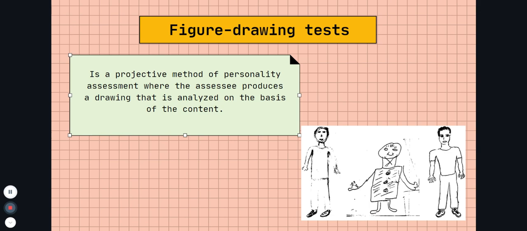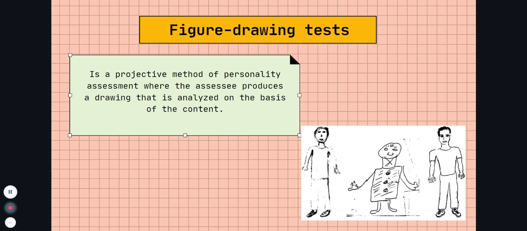So, the figure drawing test is a projective method of personality assessment where the assessee produces a drawing that is analyzed on the basis of the content. Generally, the figure drawing test is administered by the use of only paper and pencil.